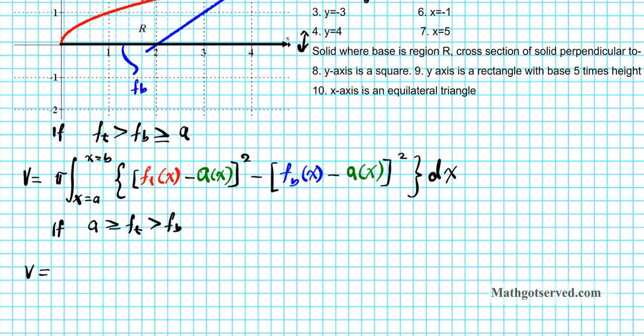So it's going to be the integral from x equals a to x equals b, squiggly bracket. I'm going to take this one and switch it around, so it's going to be the axis of rotation function, a of x, minus the function on the bottom of x, close that, square.